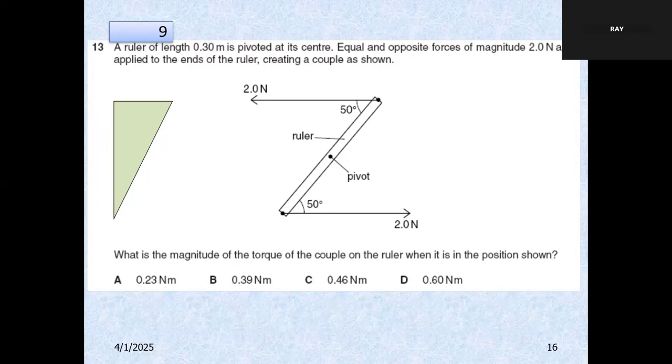Answer? I don't know how to do this. Torque is force times perpendicular distance, that's all. One force times perpendicular distance. That's the perpendicular distance. I've drawn the triangle for you. 0.3 meter, that's 50.